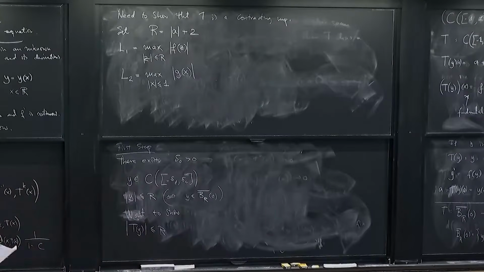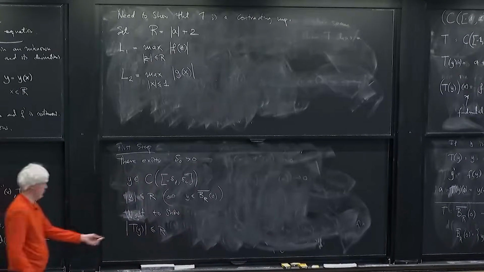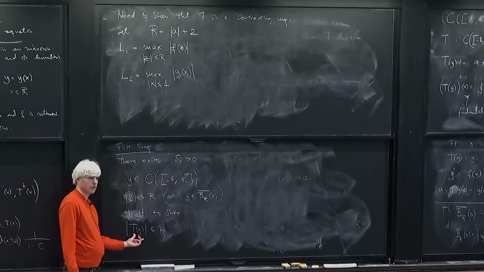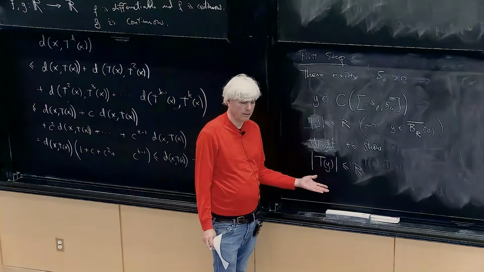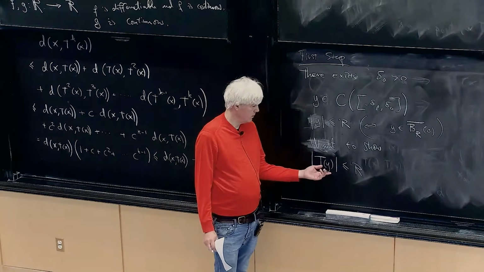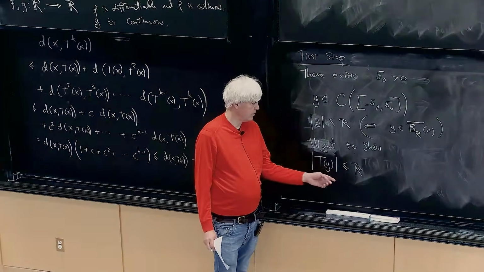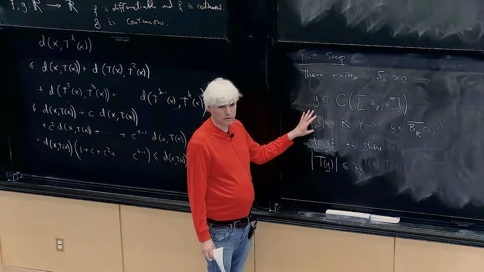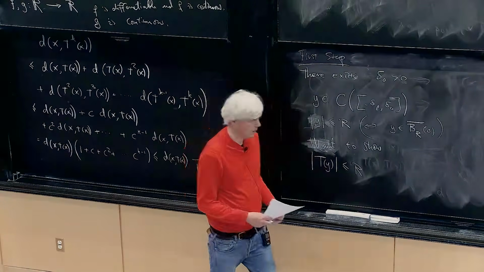Then if I have that, I already know that this function T of y is continuous. It's actually even differentiable, but it's in particular continuous. And if I have this, then I know that this space is taken into itself, right?